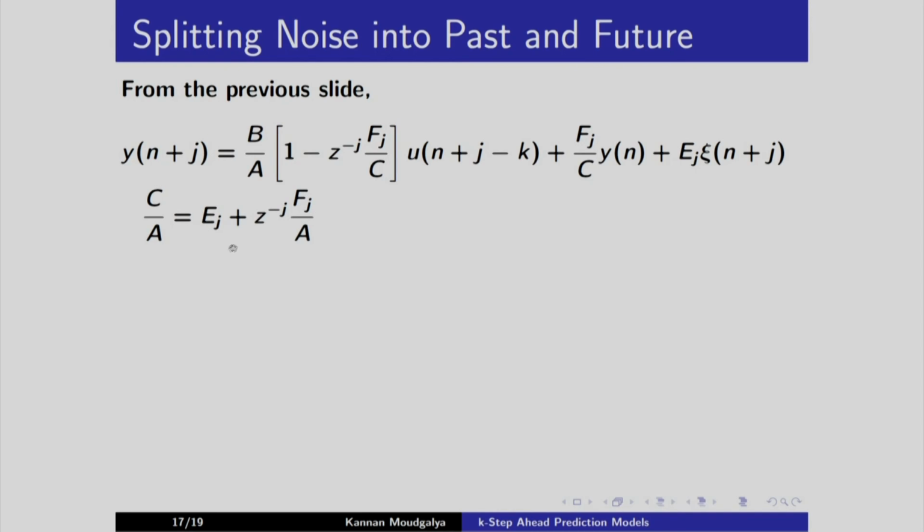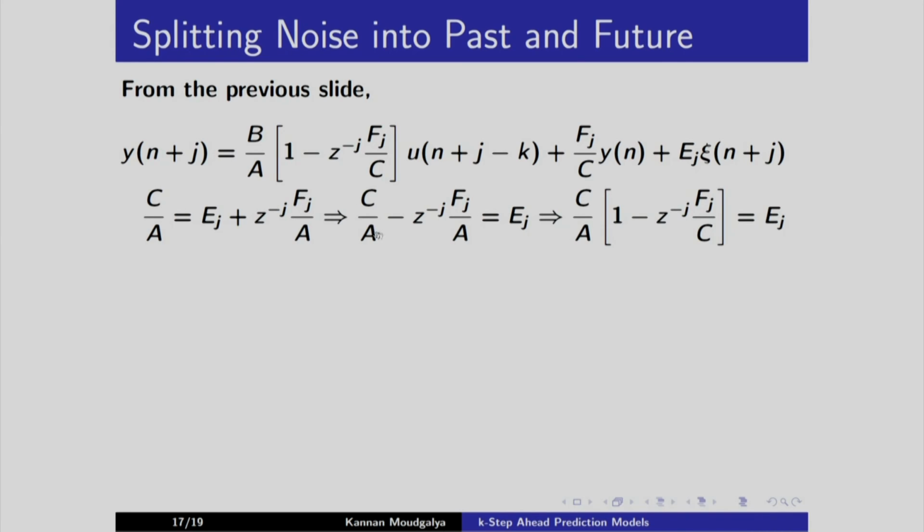Recall how we got ej and fj by dividing c by a. So from here, c by a minus, you bring this to the left hand side, equals ej. So c by a into this whole thing is ej. I have pulled out c by a, c is not there, so c comes in the denominator.